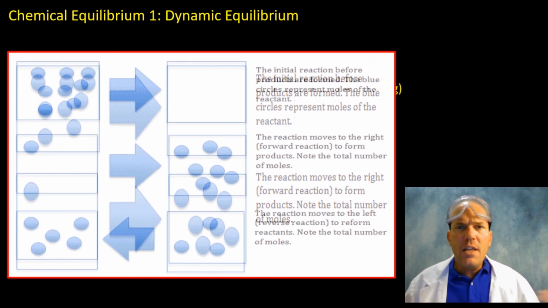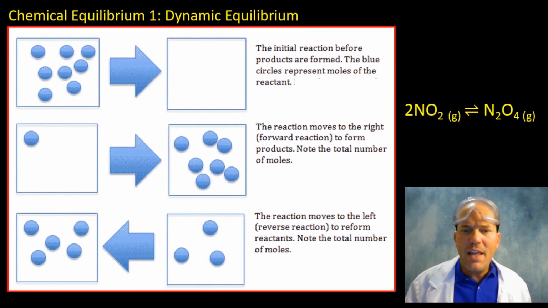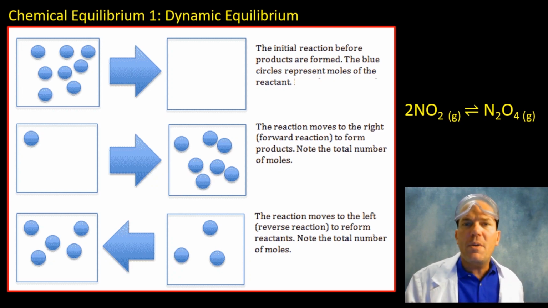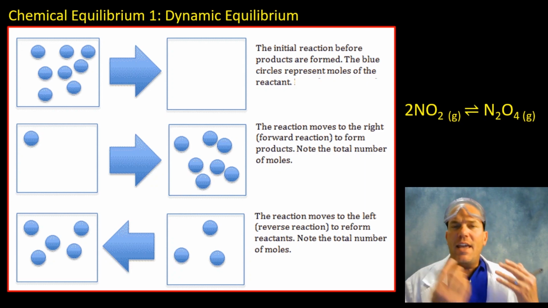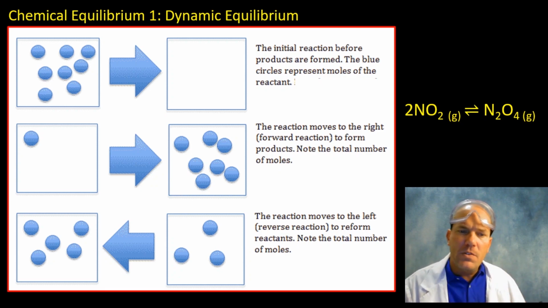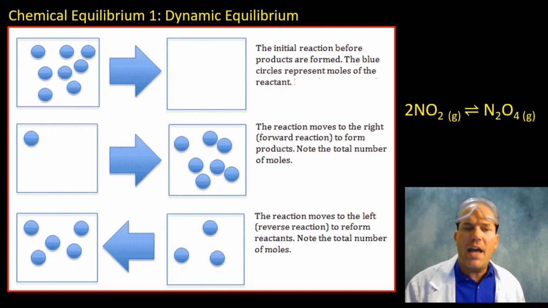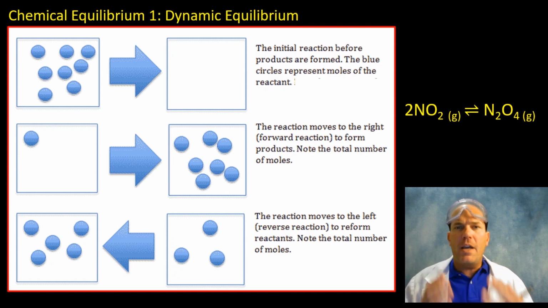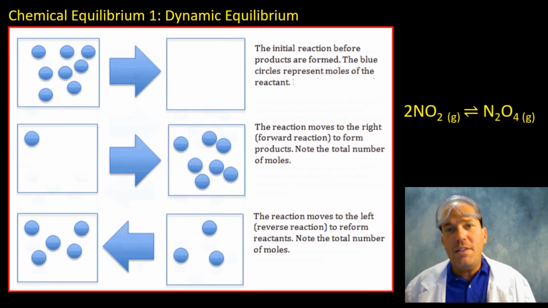However, the reaction then pushes back to the left, and it's in the reverse reaction reforming the reactants. And in this case here now, we have 5 moles of reactants on the left side, and we have 3 moles of reactants or products on the right side.